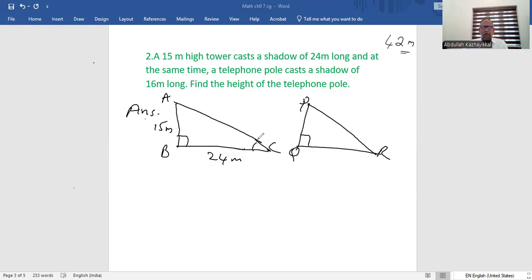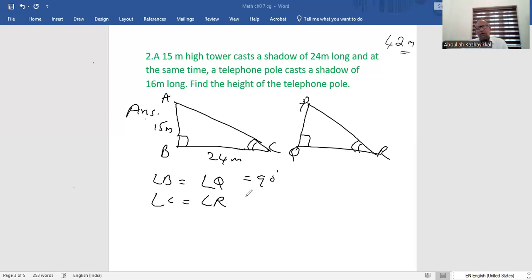Then the angle of elevation is the same. The angle of elevation is equal to R. We can say angle B is equal to angle Q, both 90 degree. Then angle C is equal to angle R, the angle of elevation.